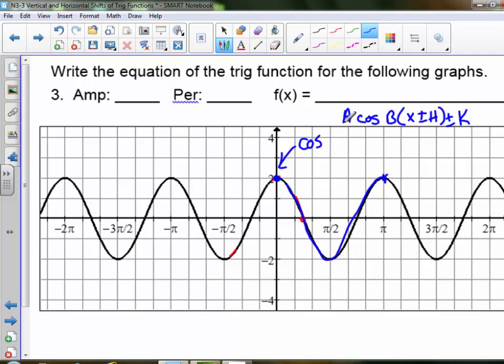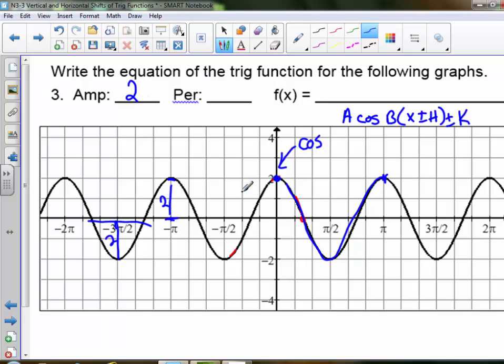Okay, so A comes from the amplitude, so can we tell the amplitude from the graph? Well, from the top of this wave to the x-axis is a distance of 2, and from the x-axis to the bottom of this wave is also a distance of 2. So since it's the same on both, our amplitude is 2.